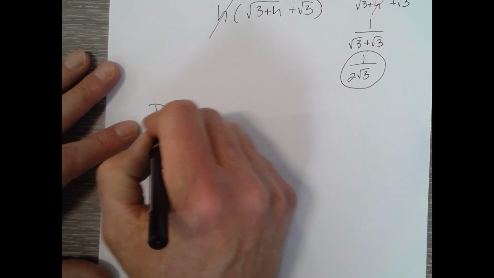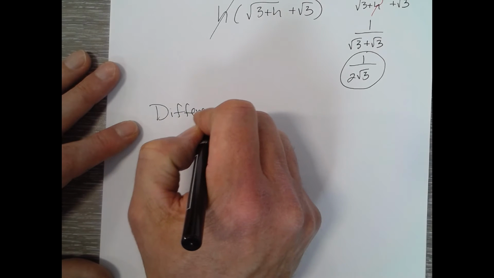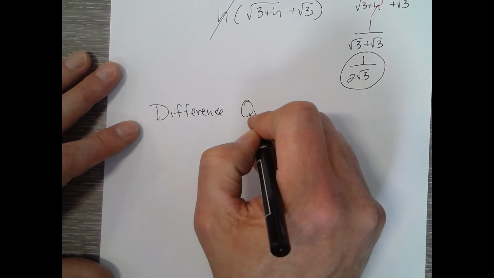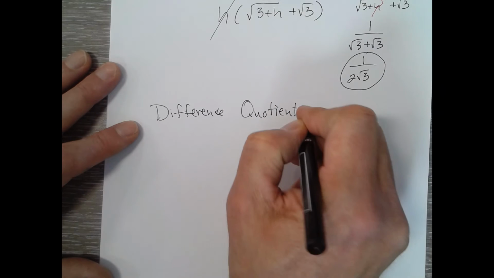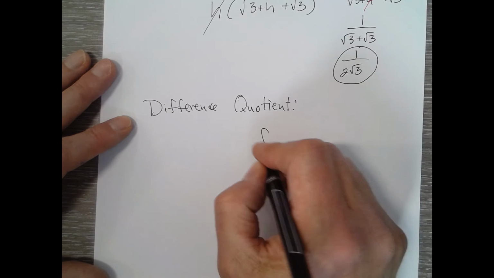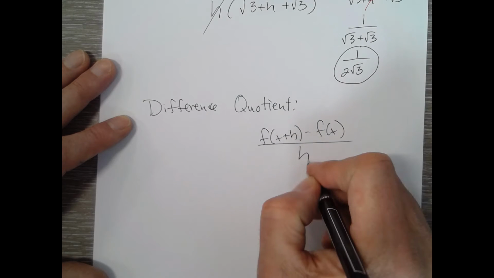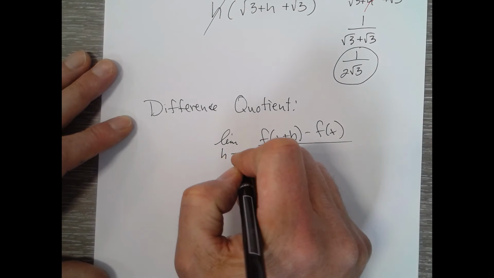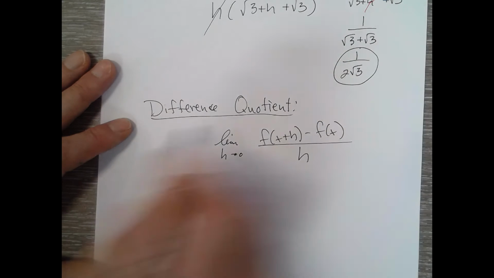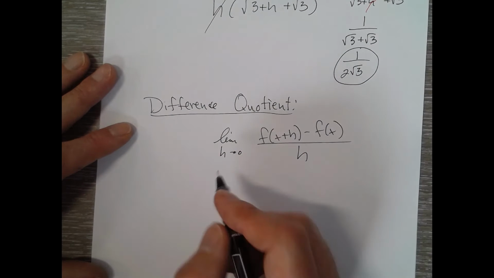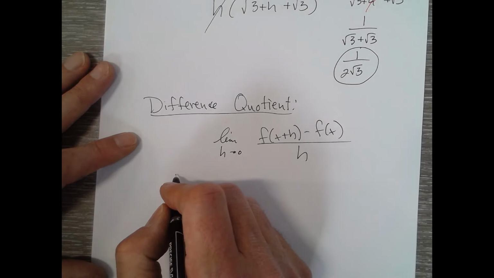So a difference quotient is always defined to be f of x plus h minus f of x over h as h goes to 0. That is a difference quotient. It also gives you a derivative.